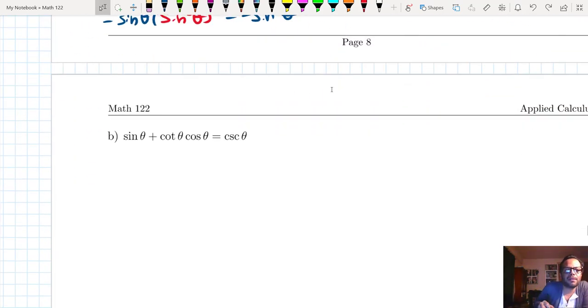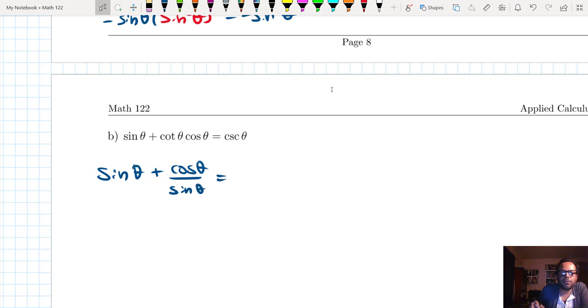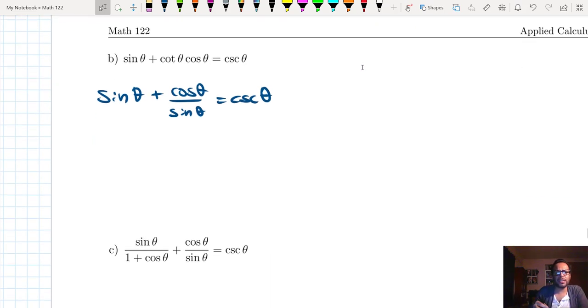Let's begin with that. So sine theta plus cosine theta divided by sine theta equals cosecant theta. Okay, we don't do anything on the right hand side, we just keep writing it. Oh, by the way, it looks like I forgot cosine here. All right, what are we going to do?